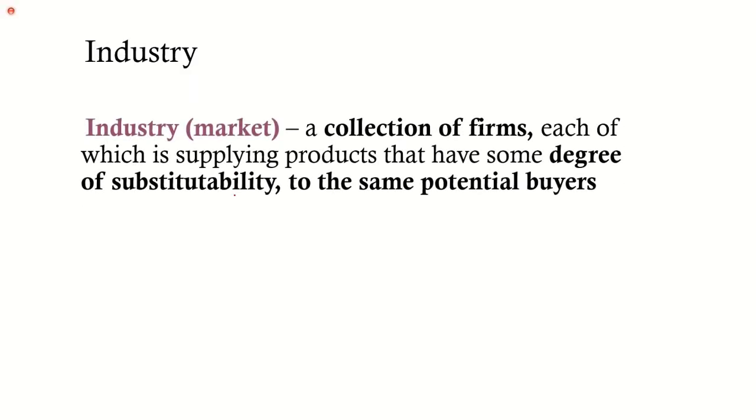But again, an industry is a collection of firms, each supplying products that have a degree of substitutability to the same potential buyer. So what do we mean by an industry? You can think of so many industries, isn't it?